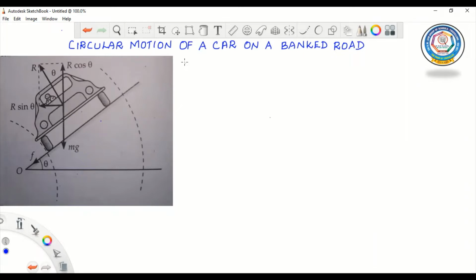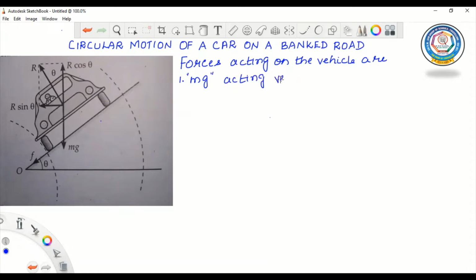The first one is the weight of the car, mg, acting vertically downwards, then the normal reaction.